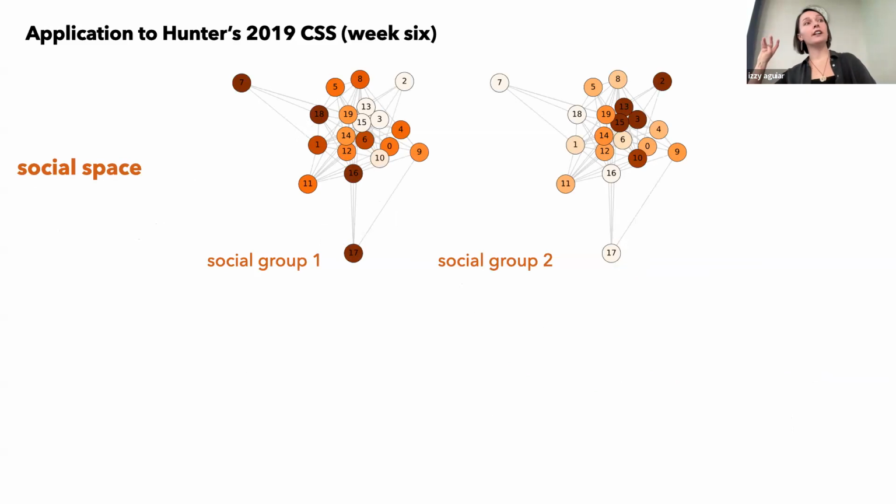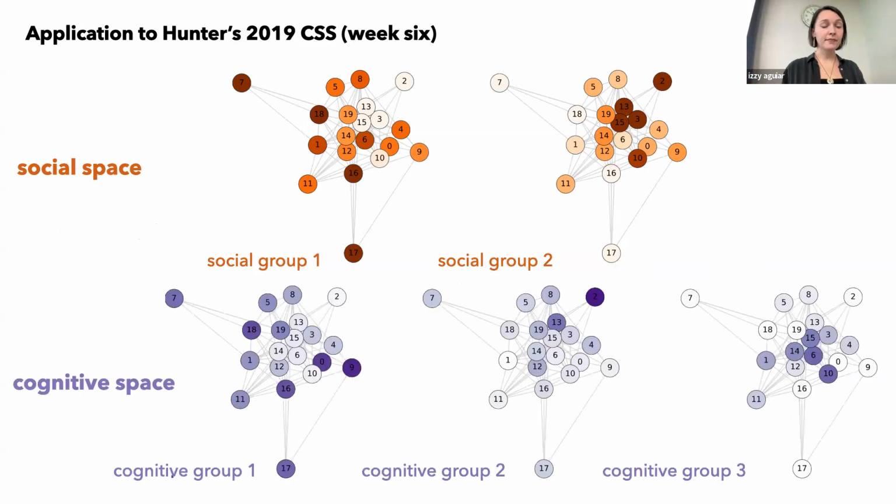They're not according to your race, they're not according to your major, they're not according to who you live with. They seem to be more complicated than that. And again, the cognitive space also reflects this difference, where no longer are you sharing a relational schema with others with your self-identified gender or race or other identifiers.